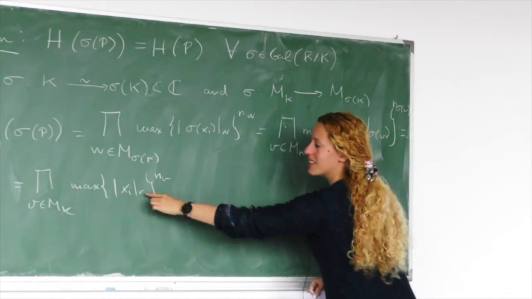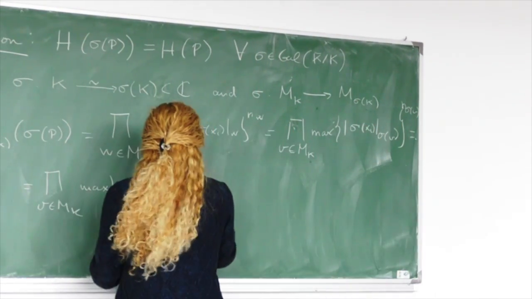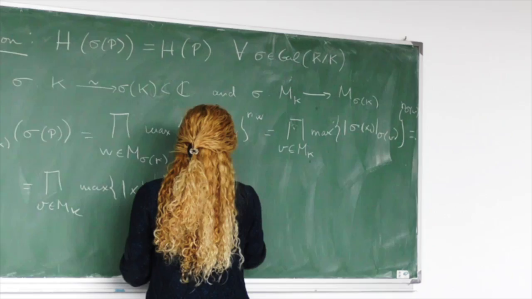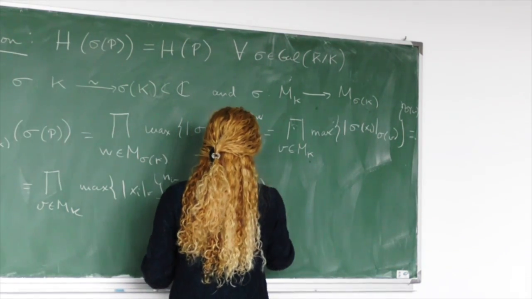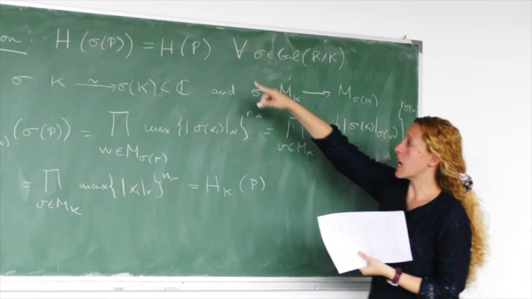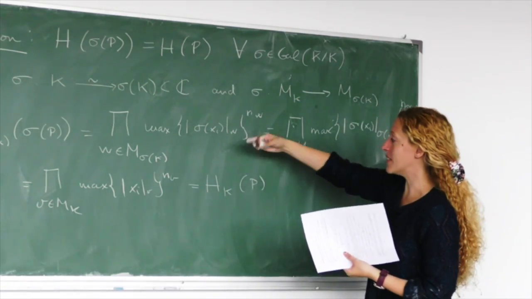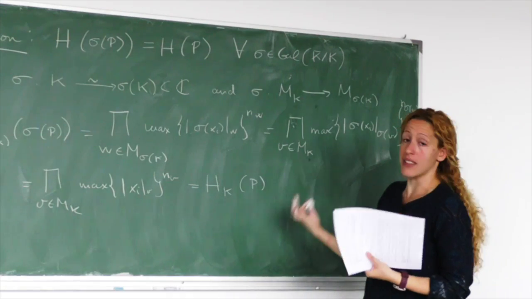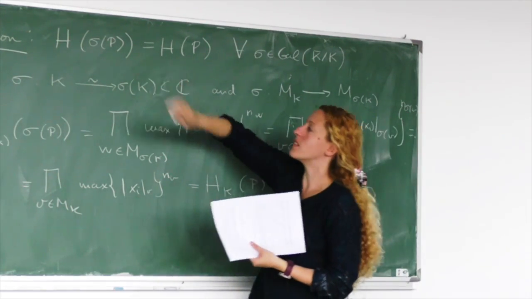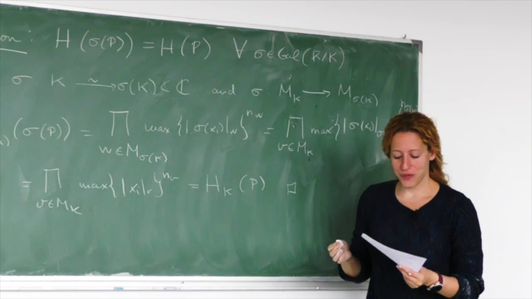This is precisely this, so this is equal to the height over K of P. And of course, for the absolute height, we just have to put this to the right exponent, but the degree of K and the degree of sigma K are the same, so we get the equalities of height that we had here. And the result is proved.